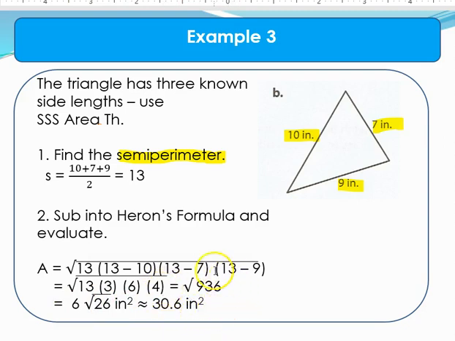When we get into these large numbers, I have no problem with you leaving it as square root of 936 and then putting approximately 30.6 inches squared. If you're using your calculator, you'll be able to get to that easily. You do not have to go ahead and simplify here for a large number like this. That would not be an even number.